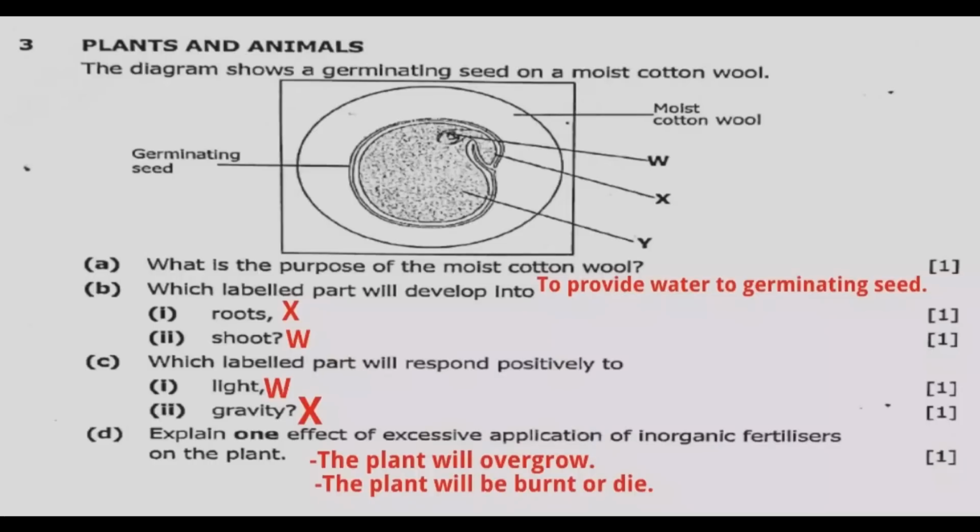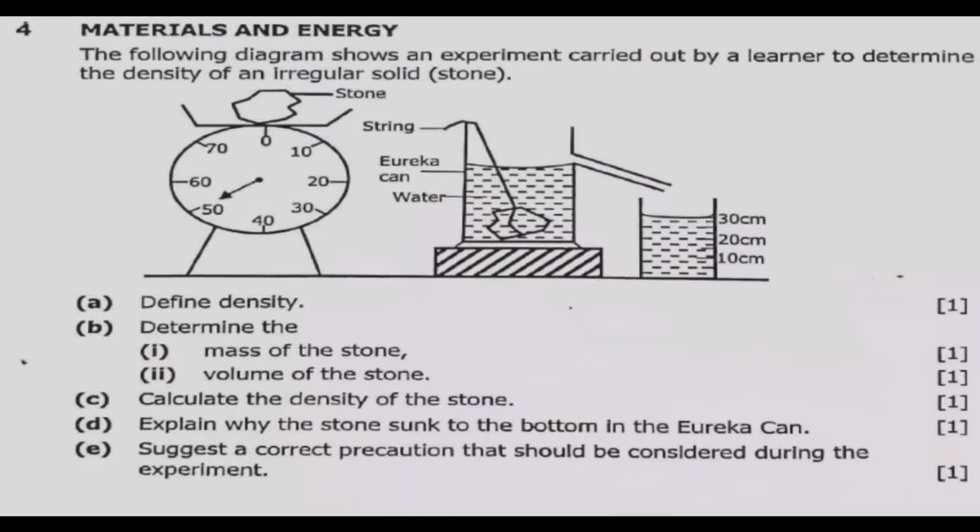We go to the next question. The following question was coming from the topic of materials and energy. The following diagram shows an experiment carried out by a learner to determine the density of an irregular solid, which is a stone.